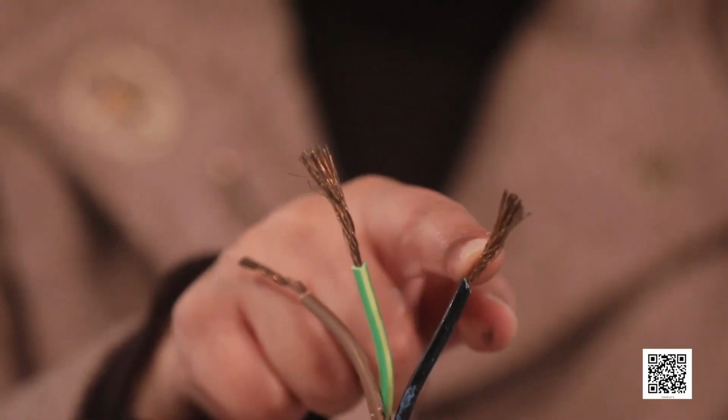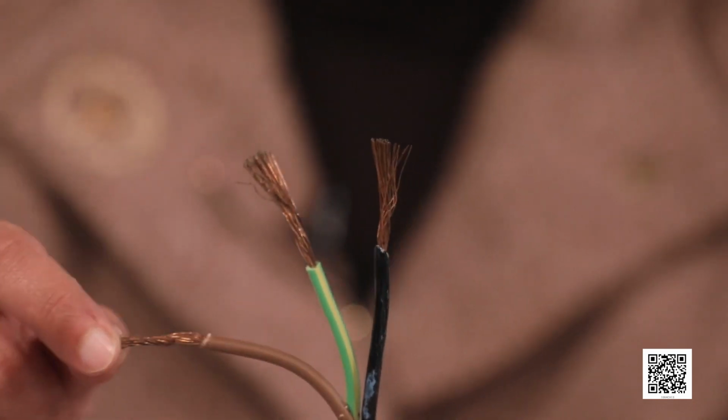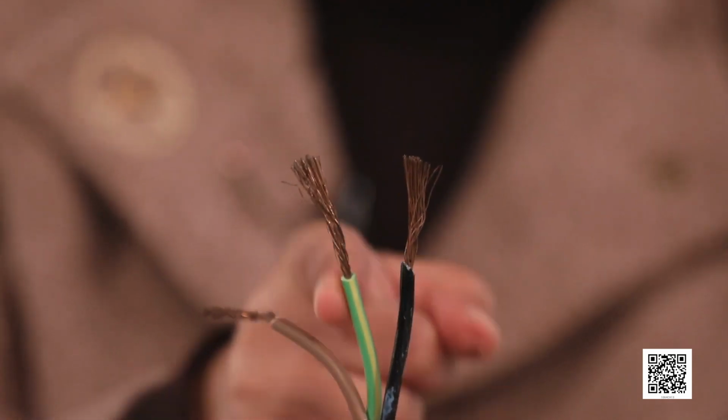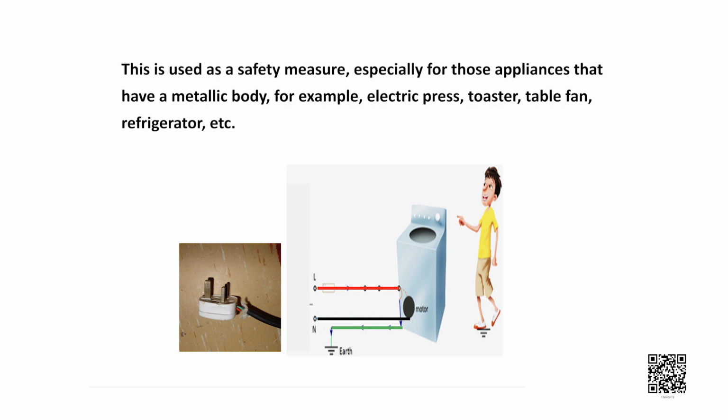The black wire, which is the neutral wire, the red wire, which is the live wire, and this green wire is the earth wire. The earth wire, which has an insulation of green color, is actually connected to a metallic plate which is buried deep inside the earth near the house. This is used as a safety measure, especially in those appliances that have a metallic body.